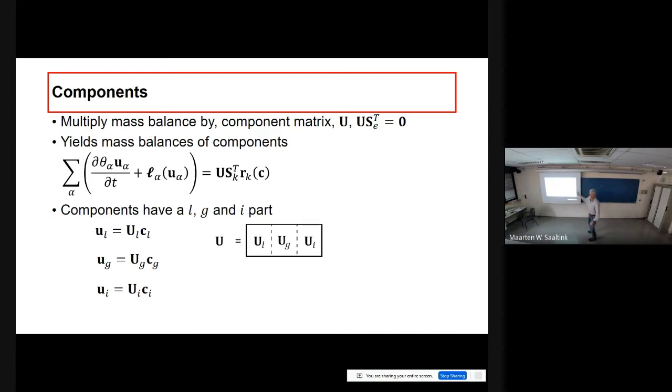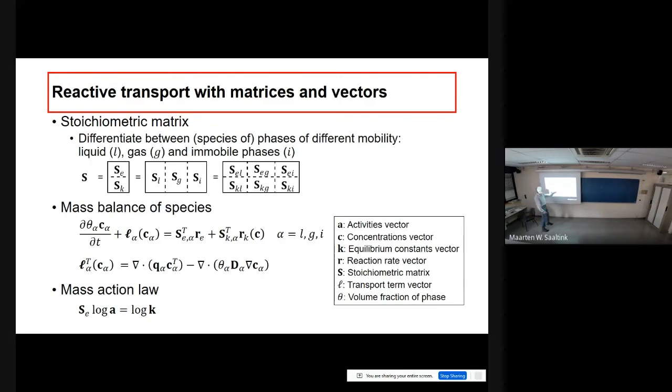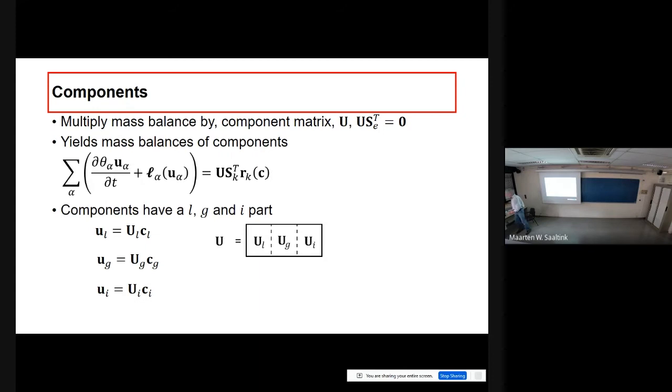And then I just got rid of this, so this R_E I don't need. So that's the trick.